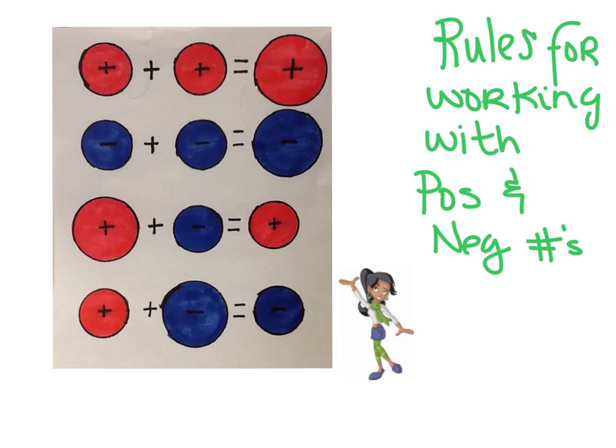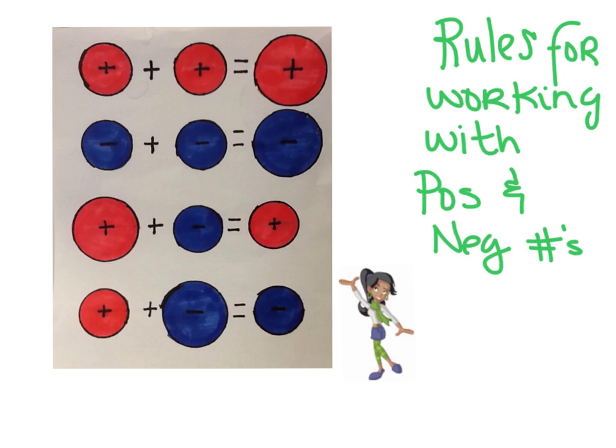The bottom two examples show what we discussed in class the other day. When you have a positive and a negative, the answer is determined by whichever number is the largest. So in this example, the larger circle is positive, the smaller circle is negative, which means the answer is going to be positive.